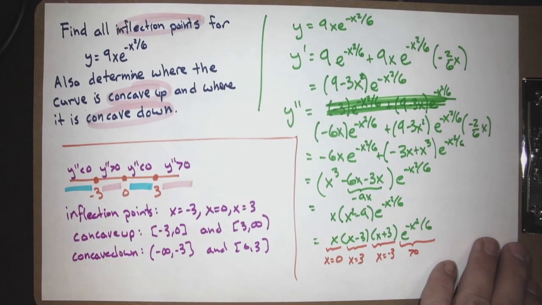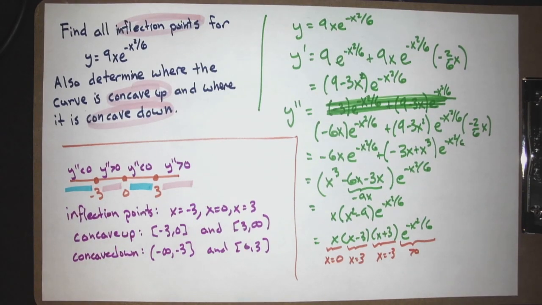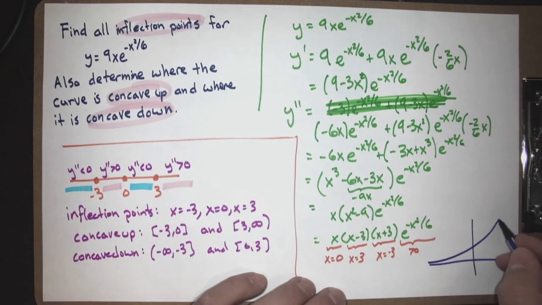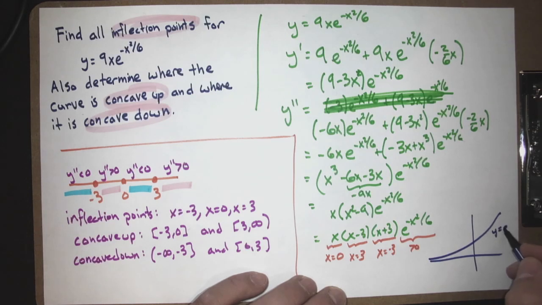Enough. Wait, how come e to the negative x squared over 6 isn't an inflection point? Well, e to the negative x squared over 6, the question is, can this ever be 0? And the answer is no. The exponential function is always positive. So if you graph the exponential function, it looks like this, y equals e to the t.